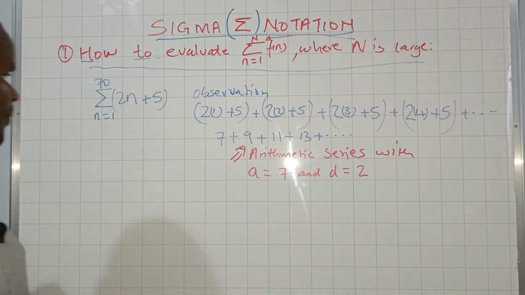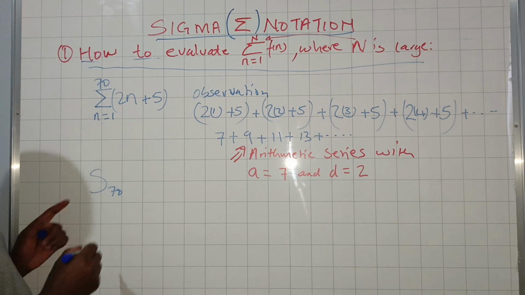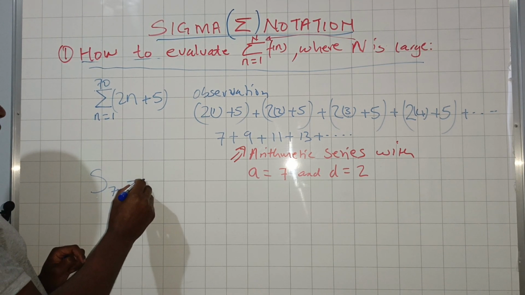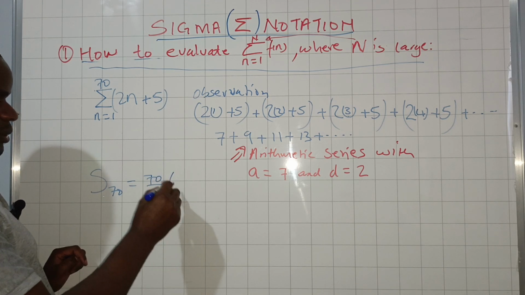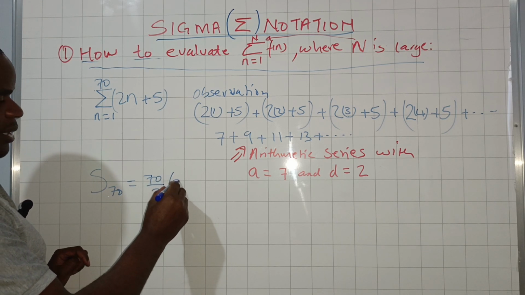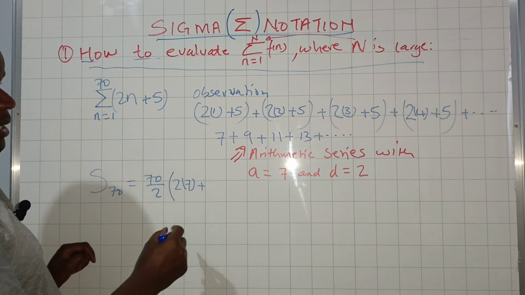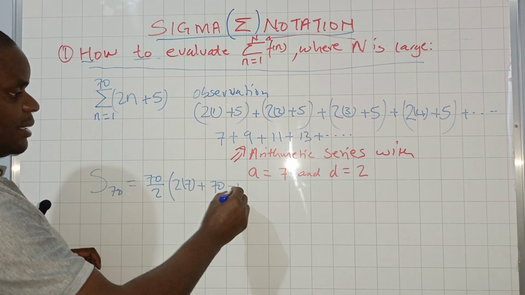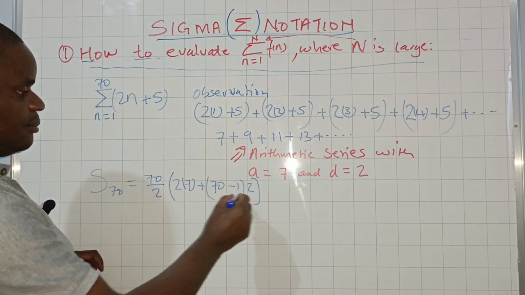That means we are just going to get S70, the sum of the first 70 terms, which is going to be equal to 70 over 2 into 2a, which is 2 into 7, plus n minus 1, which is 70 minus 1, multiplied by d, d here being 2.